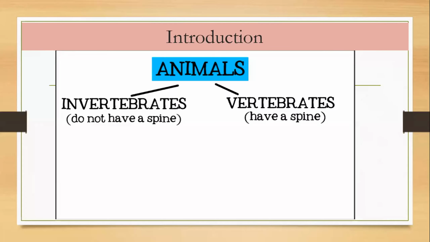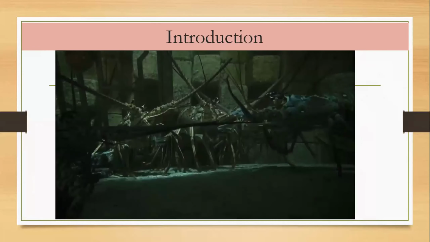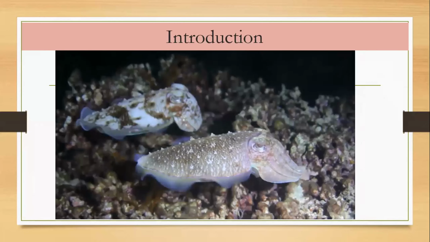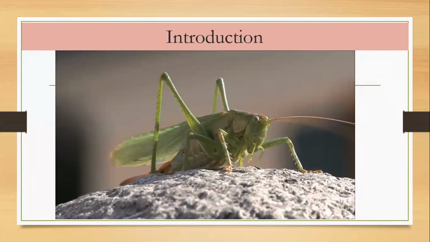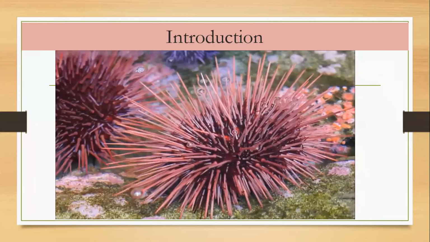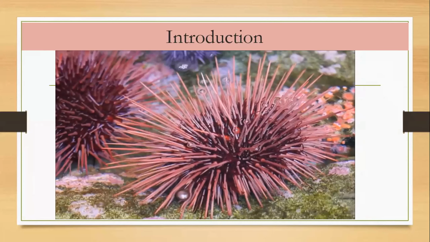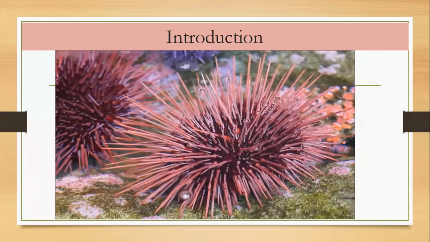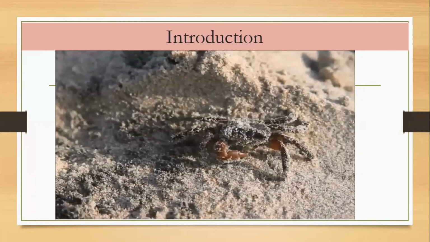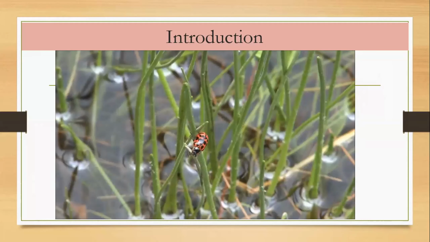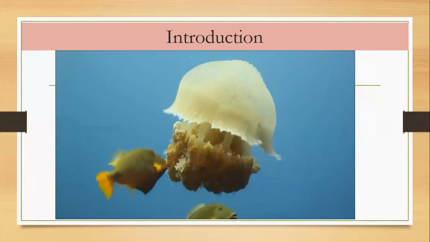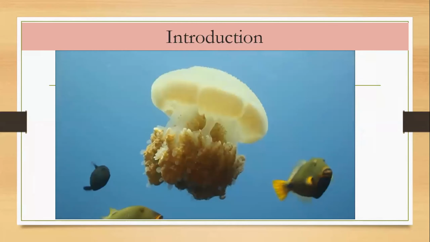Some examples of invertebrates are octopus and squid, insects, arachnids, starfish and sea urchins, jellyfish, crabs, and many more creatures. Most invertebrates are fairly small, but in the water, they may grow to much larger sizes, as the water will support them even without a skeleton.